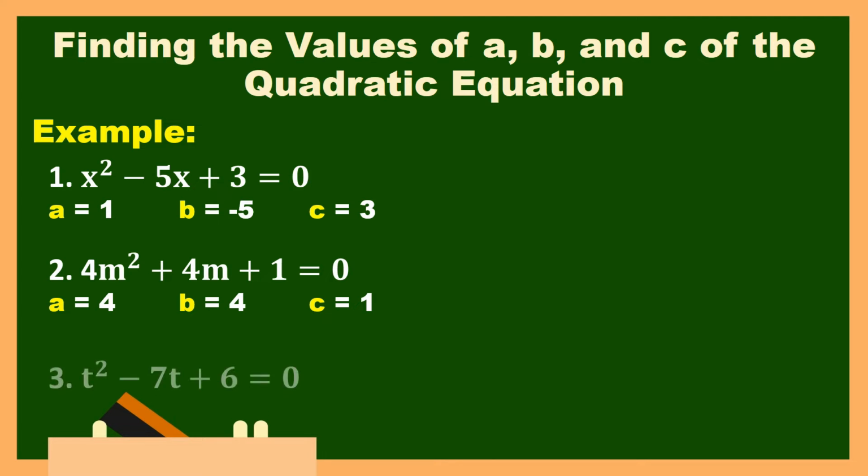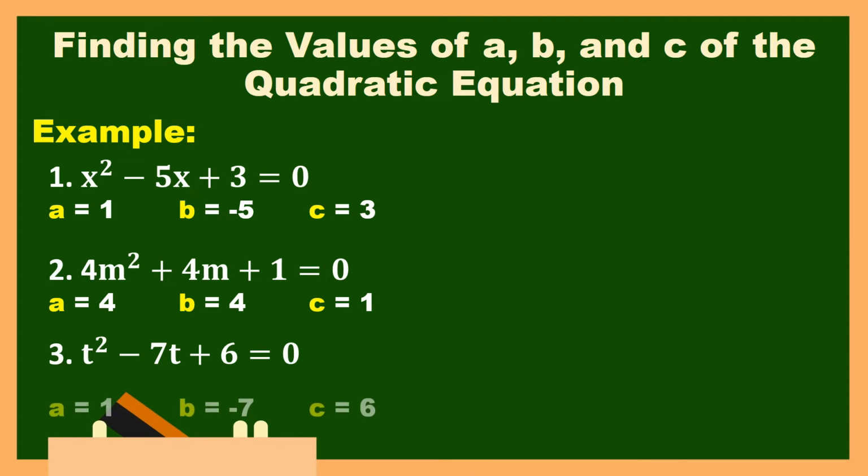Number 3. t squared minus 7t plus 6 equals 0. So, the value of a is equal to 1 at ang b ay equal to negative 7 at ang c naman ay equal to positive 6.